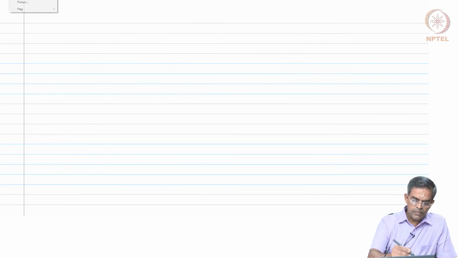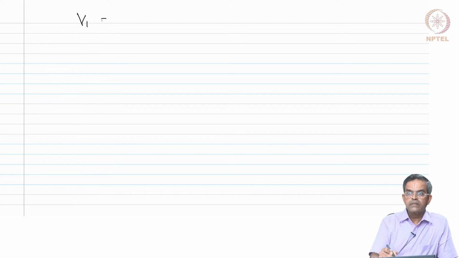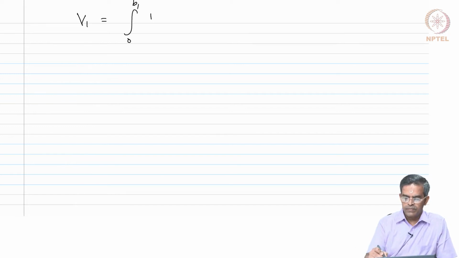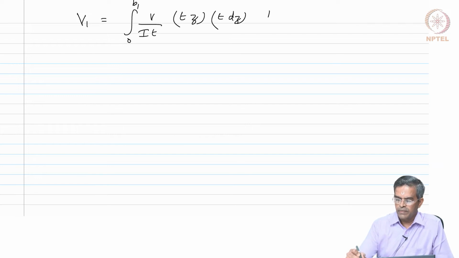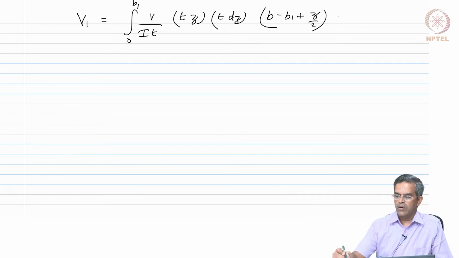Okay. Substituting, let us get V1 as integral 0 to B1 of V by IT into T dz into B minus B1 plus Z by 2 of 1 by root 2, that is sin 45.